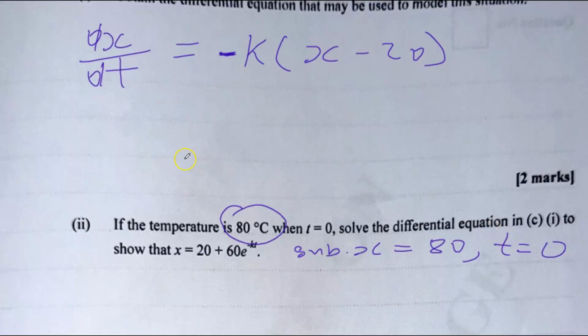Well, I'm making an error of judgment here. We cannot do that because we don't know what x is. We know dx by dt, but we do not know what x is. So to get x, we have to integrate and get an expression for x.